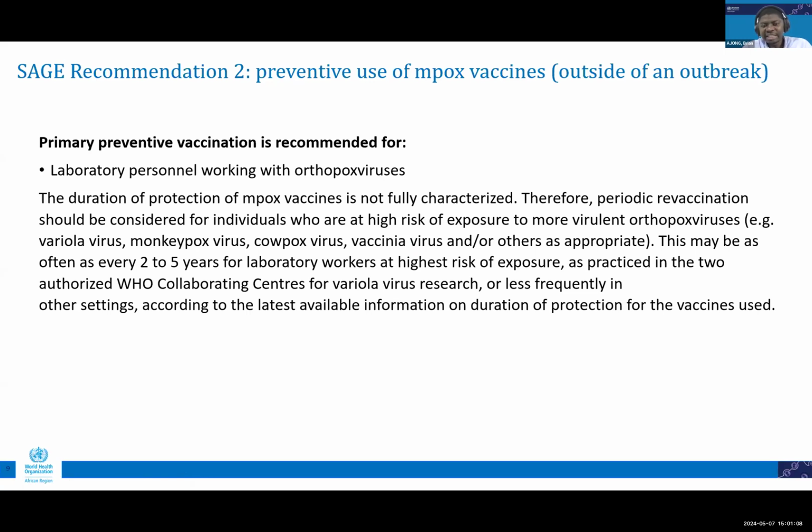It's recommended that they should be vaccinated, but given that the duration of the protection as of this moment is not yet well understood, WHO recommends vaccinating these persons every 2 to 5 years, according to what is practiced in 2 of WHO collaborating centers.